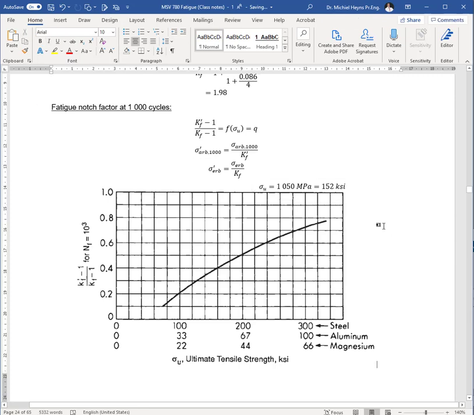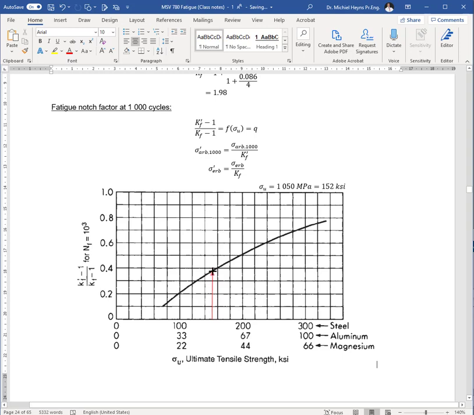Right. Now, for this, I'm going to draw a line at approximately, this is for steel. It's a steel part. So it's 100, 110, 120, 130, 140, 150, and 152 is approximately there. So I'm going to draw it there.